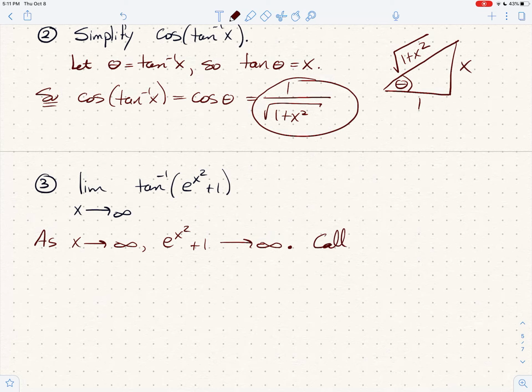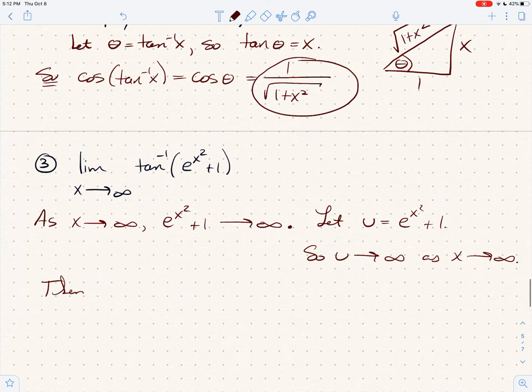So here's what you can do. What's nice is if you let u be e to the x squared plus 1. And so the point is u goes to infinity as x goes to infinity. We just said that. And so this allows you to rewrite your limit in the following way.